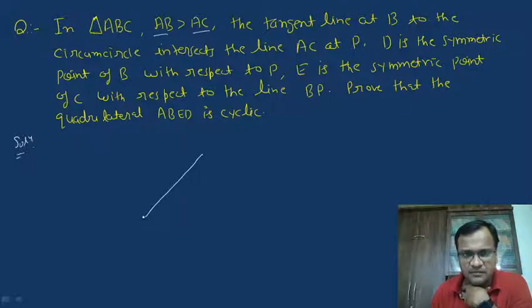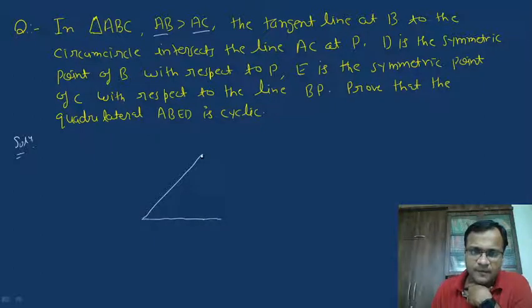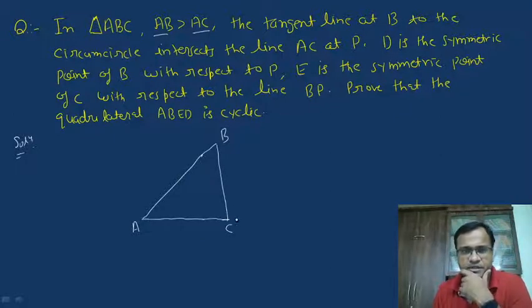AB is this one, this one is AC. That's fine. This is A, this is B, this is C. Clearly AB looks to be greater than AC.